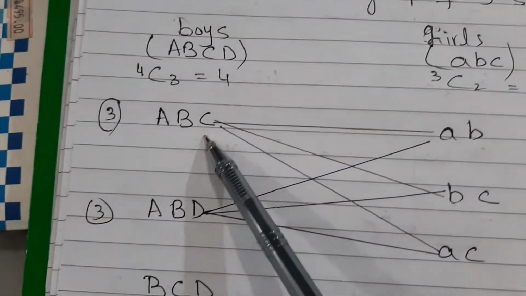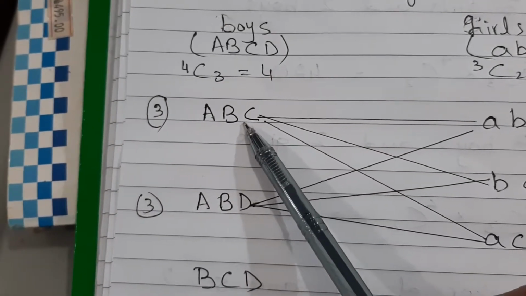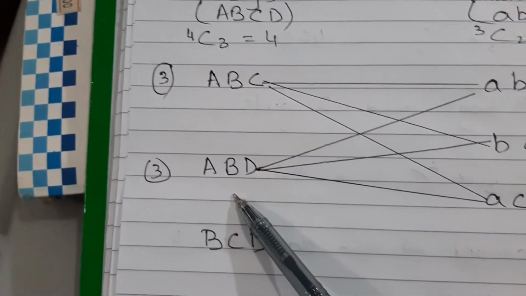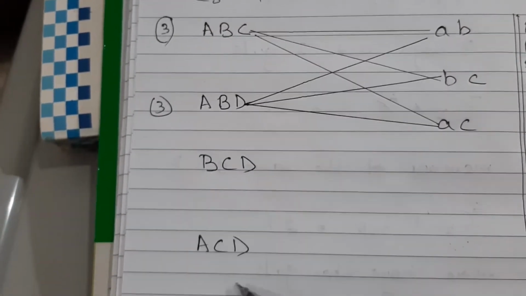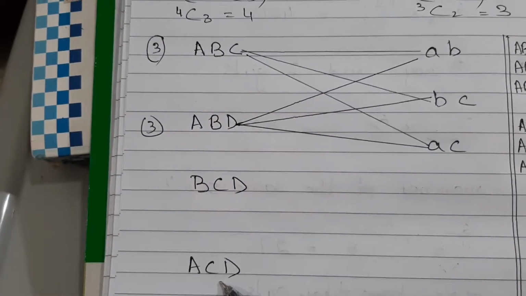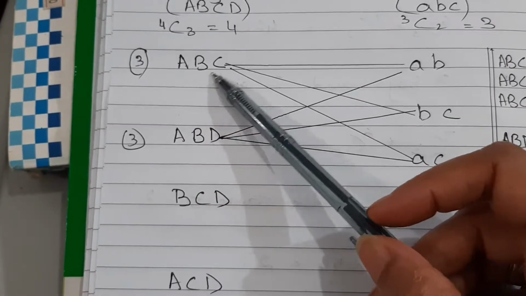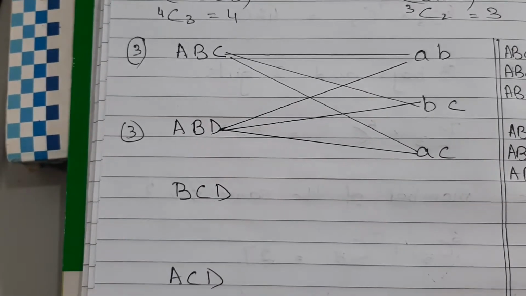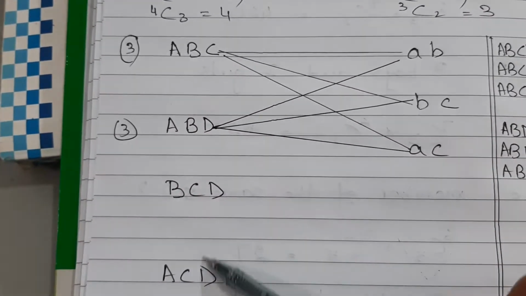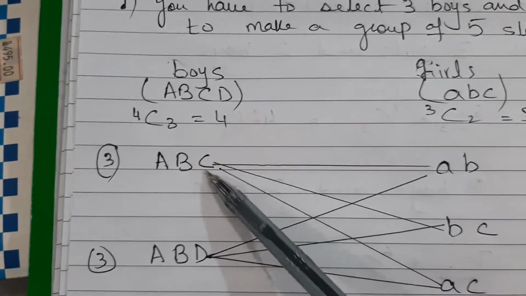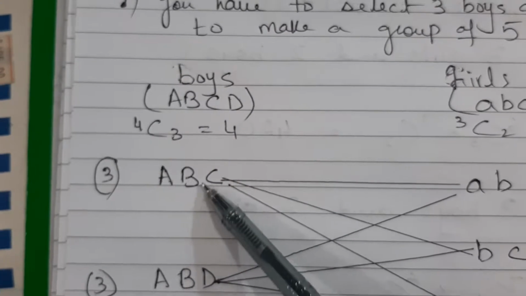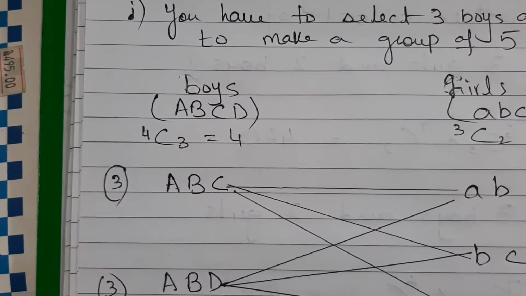Here I have done it for you. One possibility is ABC, another is ABD, then BCD, and then ACD. So these are the 4 possibilities: ABC, ABD, BCD, and ACD. You can see none of them is repeating. So the selection of 3 boys out of 4 boys can be done in these 4 ways.